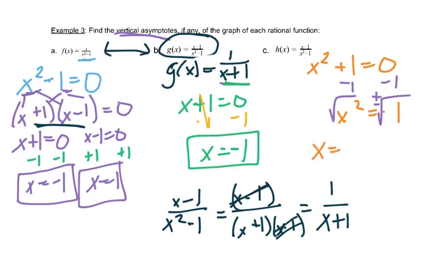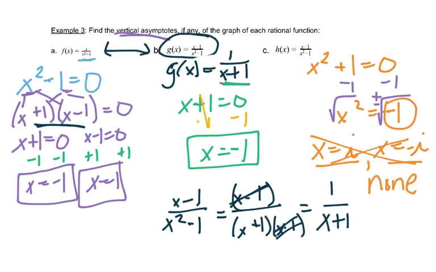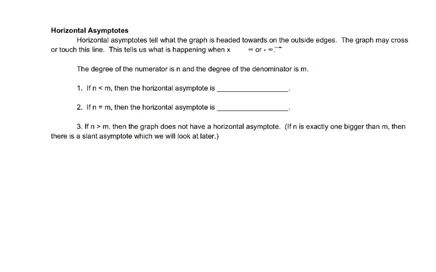But this would give me i and negative i. Remember, because of this negative underneath that square root. So the problem is that i and negative i are not real numbers, and therefore they aren't vertical asymptotes. So part C does not have a vertical asymptote.